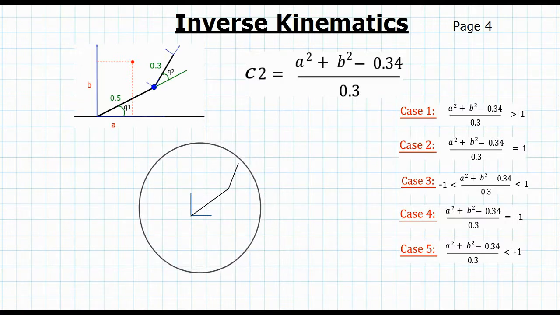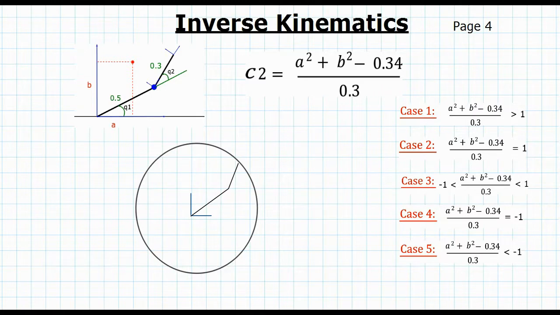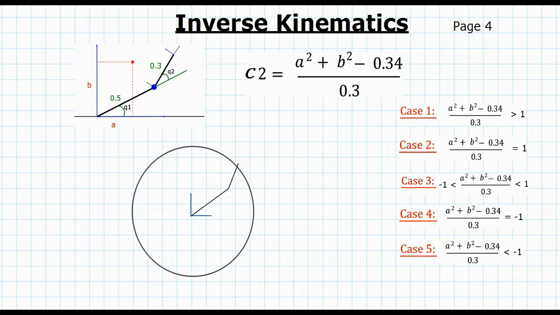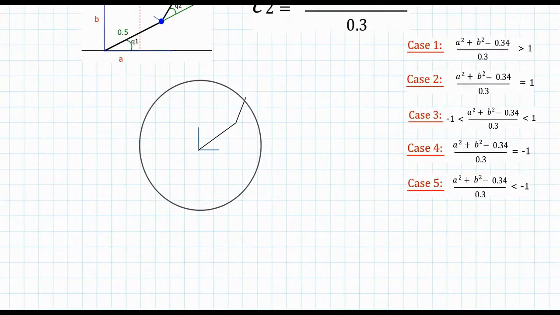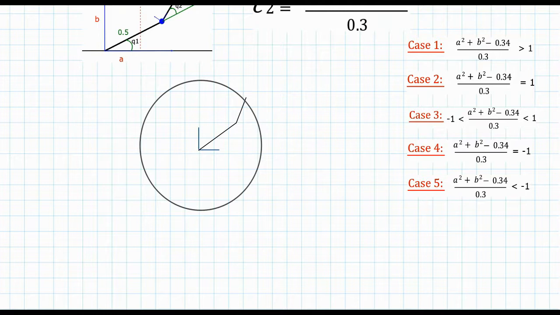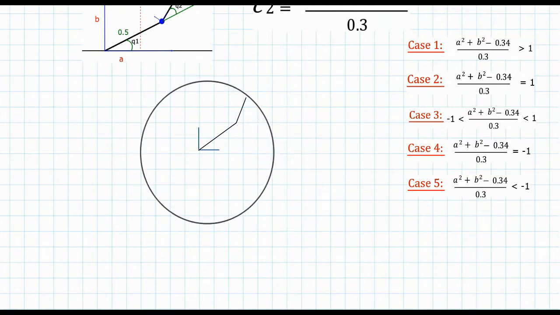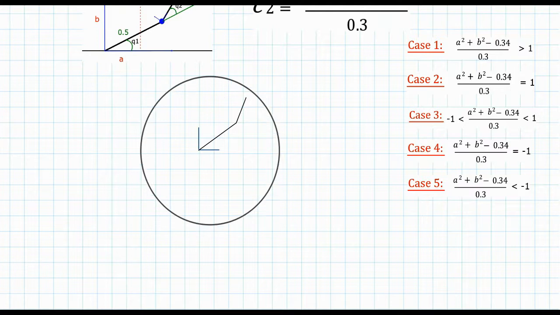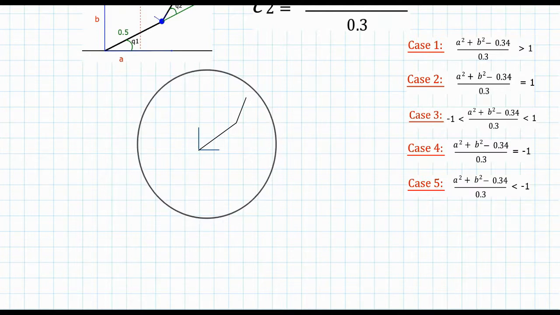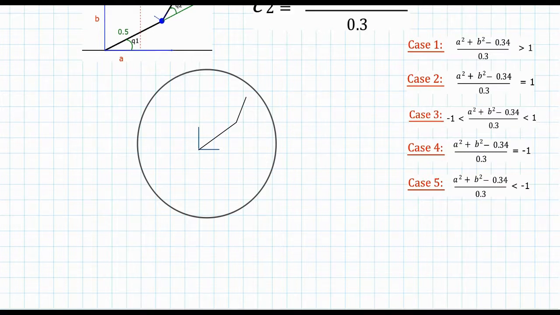Let's say this is the center of my robot, and our robot cannot go outside this circle. Anything that is outside of this circle falls in our case 1.